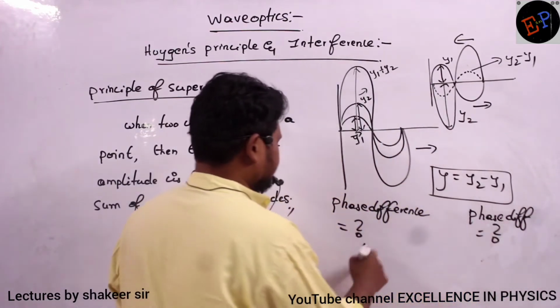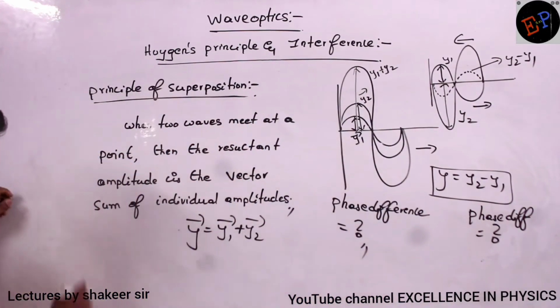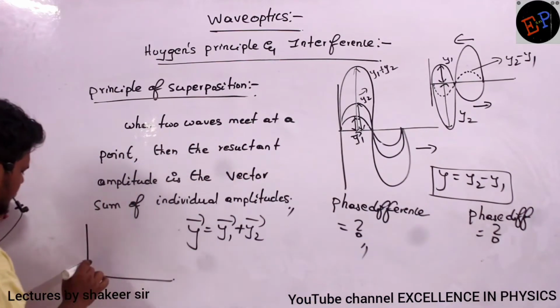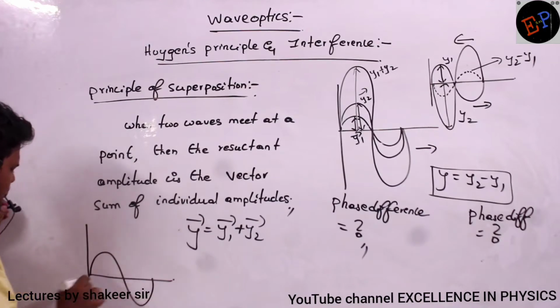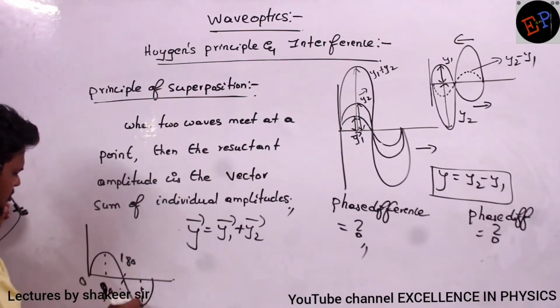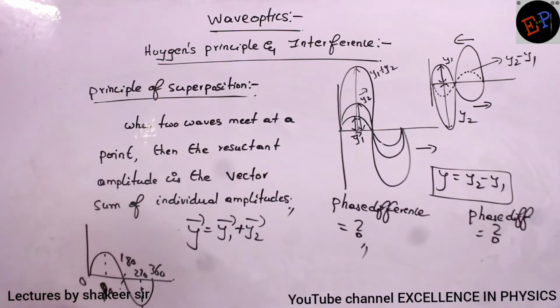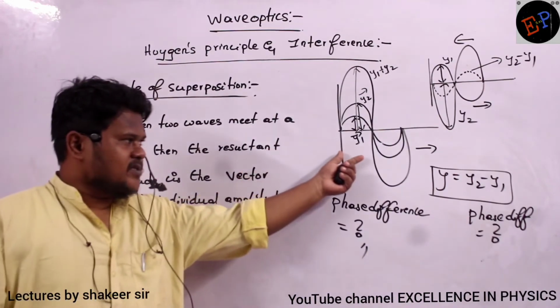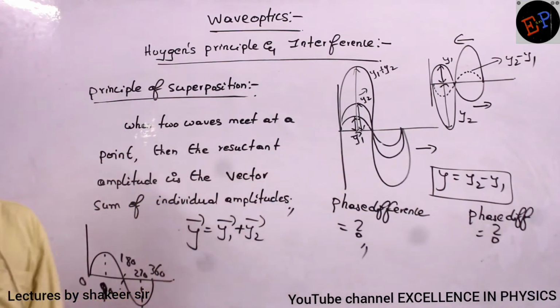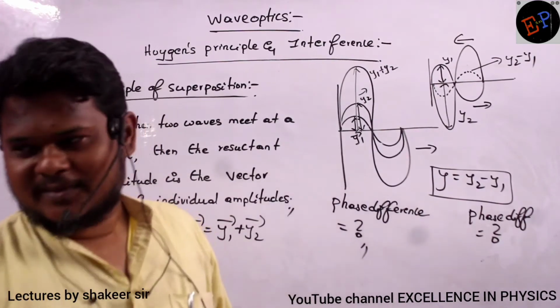In a wave, we know the phases: this is 0, this is 90, this is 180, this is 270, this is 360. Now can you say what is the phase difference between these two waves?